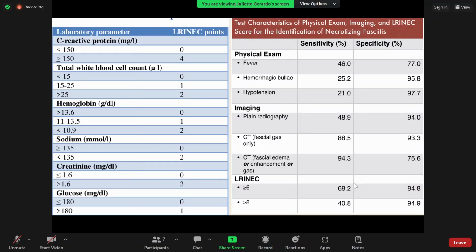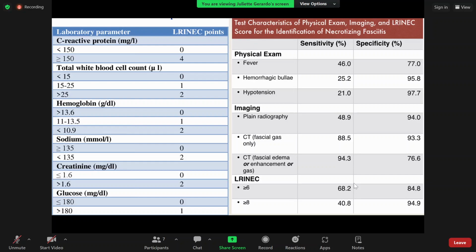the use of your lab tests to help stratify the mortality of your patient with suspected necrotizing fasciitis. So on the left, we see the parameters, and then on the right, it correlates to the identification of necrotizing fasciitis based on their LRINEC score, and then how likely they were to have these physical exam findings and the presence of necrotizing fasciitis on imagery.